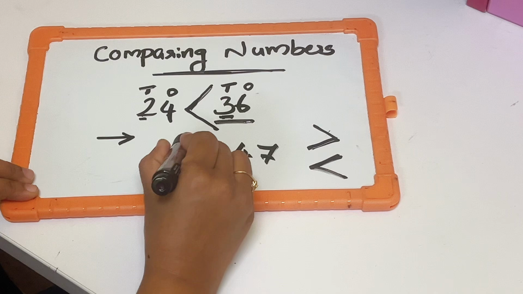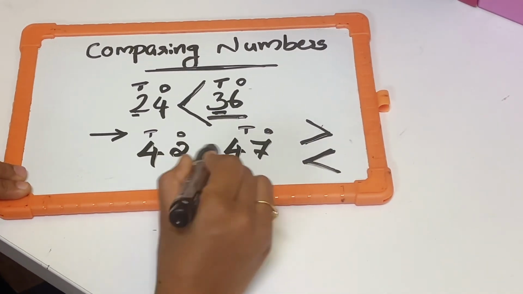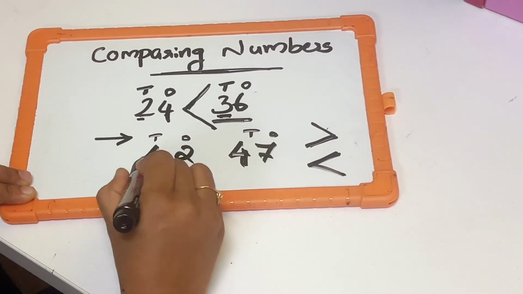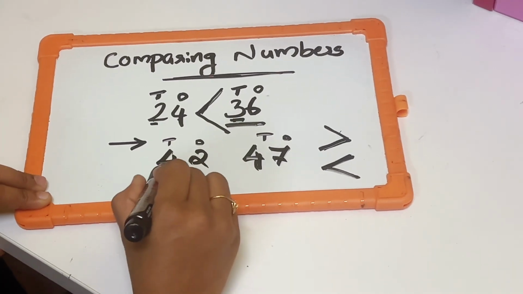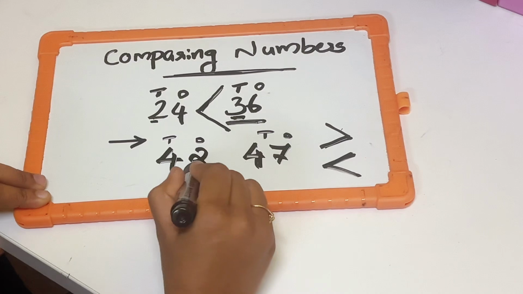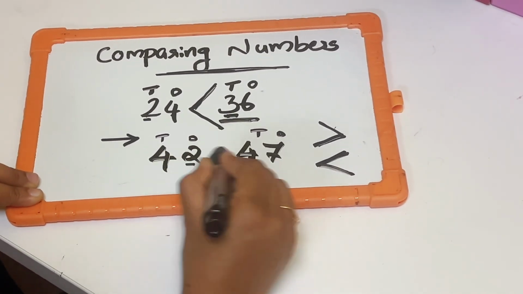If the tens place is the same, just write the two numbers, 42 and 47. Here this is the ones place, tens place, ones place, tens place. Check the tens place numbers, because both are 4, right? Because they are equal, we have to compare the ones place numbers. Here it's 2 and 7.